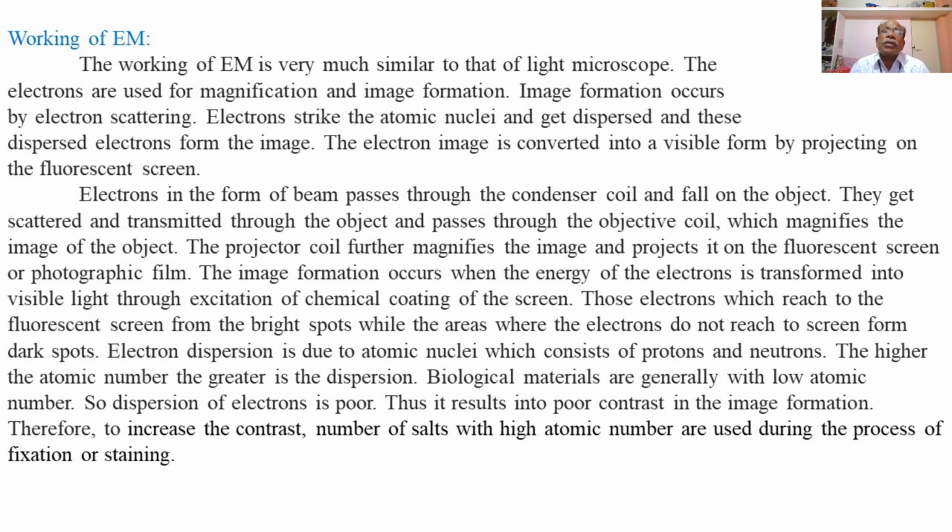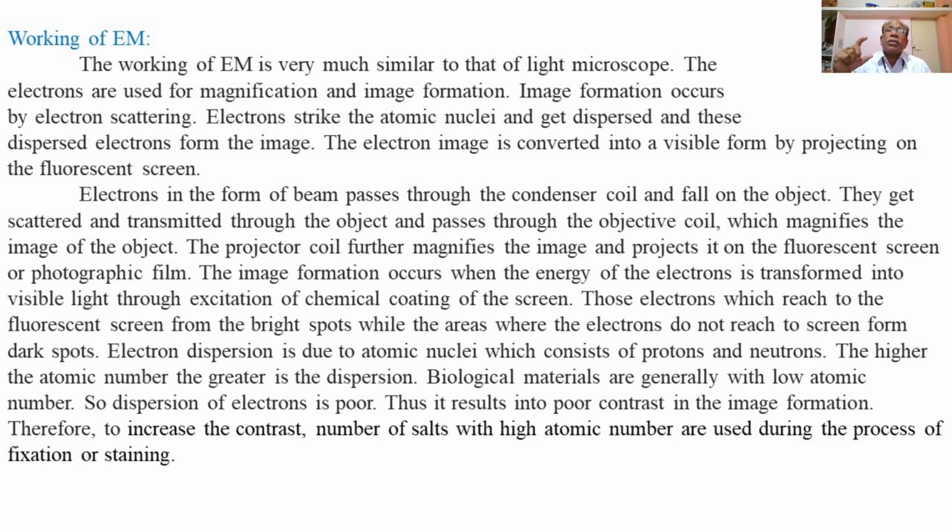Image formation occurs by electron scattering. Electrons strike the atomic nuclei and get dispersed, and these dispersed electrons form the image.